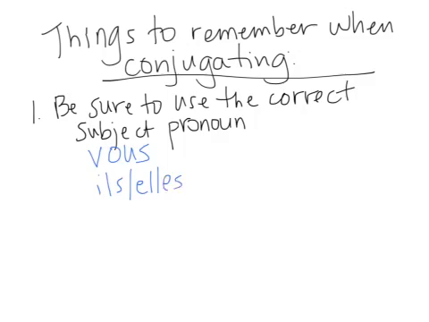Again, just a reminder, vous means you. See how there's an ou and an ou? They rhyme. So maybe that will help you remember that vous means you. Il and elle pluriel, on the other hand, mean they, referring to masculine plural, or masculine and feminine plural, or just feminine plural.